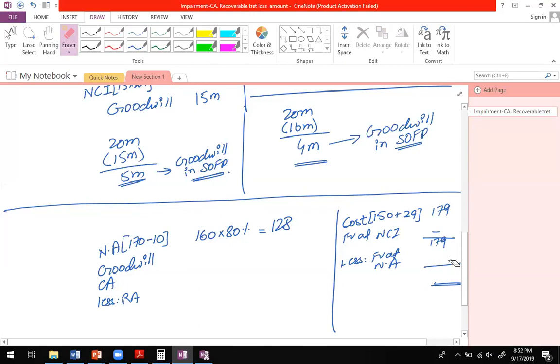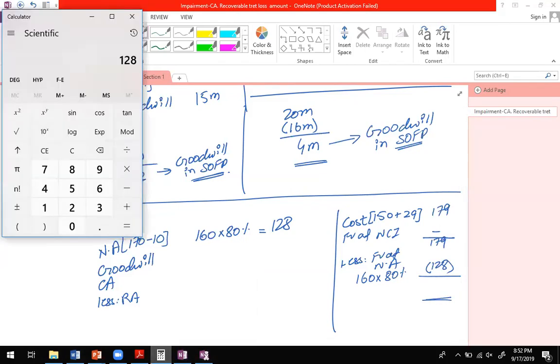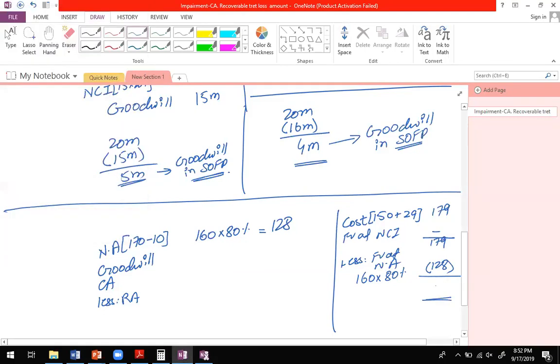But because we are calculating the partial goodwill method, net asset is also going to be 160 into 80%, so this was 128. So the goodwill is going to be 179 minus 128, which is going to be $51 million of the goodwill.